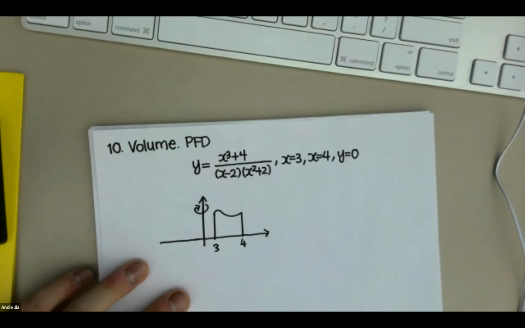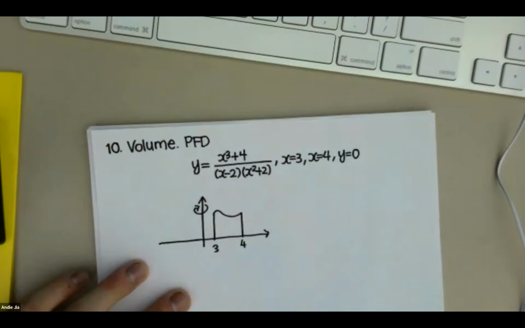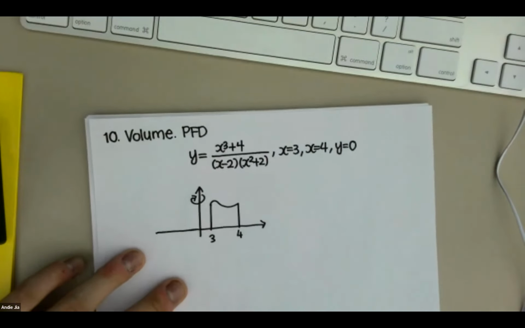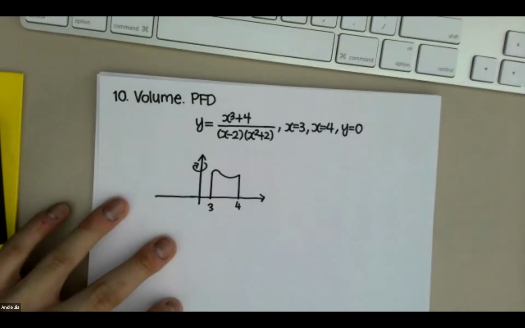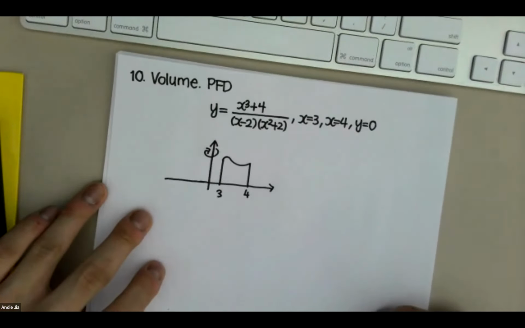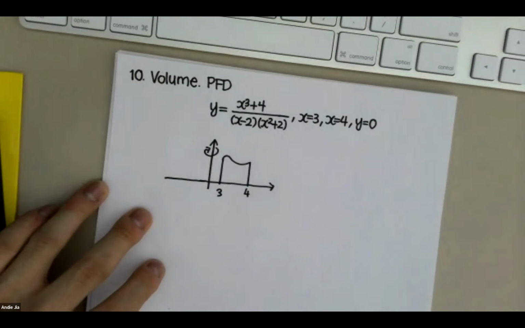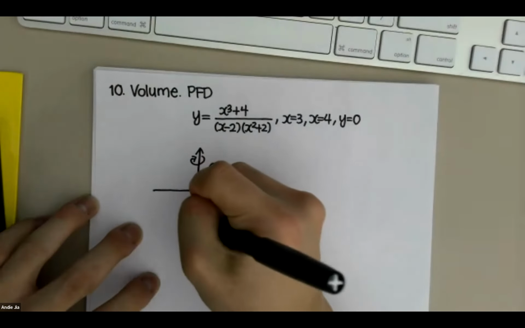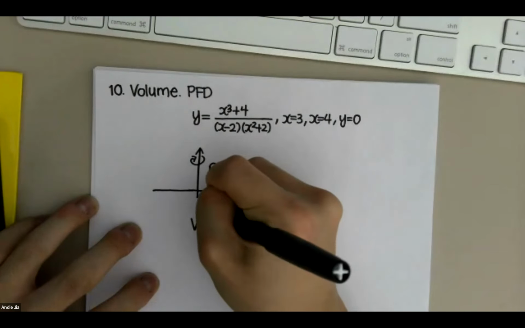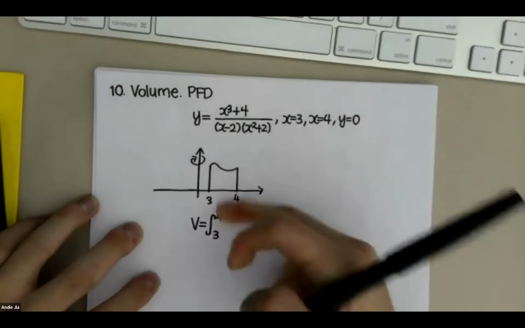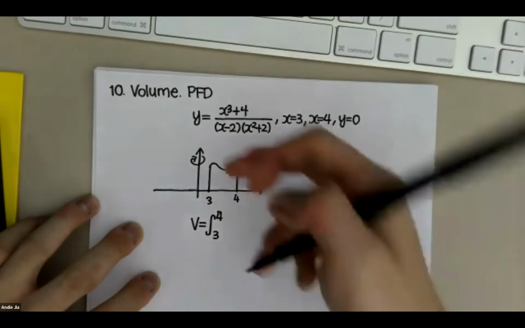So the shell method is 2 pi x f of x dx. When we set up the volume, it's going to be from 3 to 4, the lower bound and upper bound.